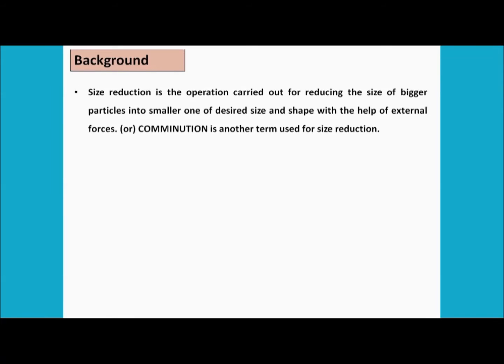So it is the operation carried out to reduce the size of a bigger particle into a smaller one to achieve a desired size and shape, but with the help of external force. And this term size reduction is also known as comminution. Comminution means the size reduction, right?